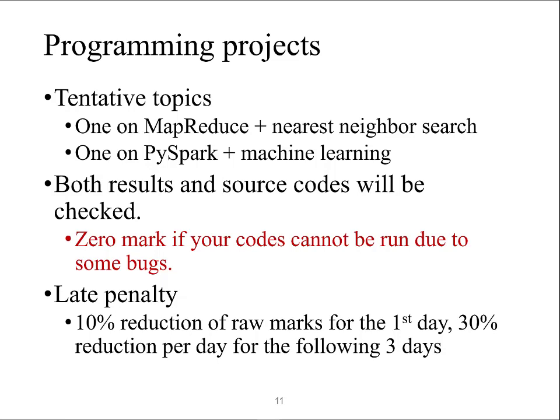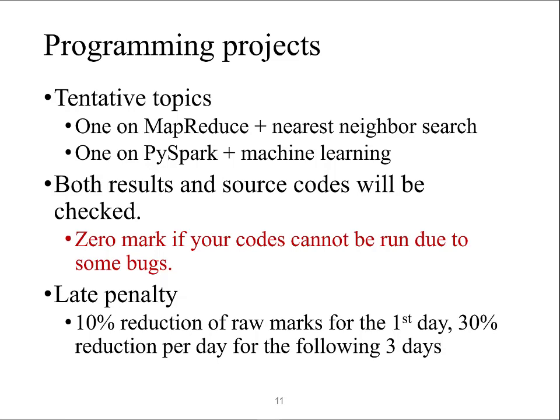Programming projects. This counts for 50% of your final mark, so it is very important. The tentative topics of the programming projects are, the first one is nearest neighbor search with MapReduce, and the second one is machine learning with PySpark.